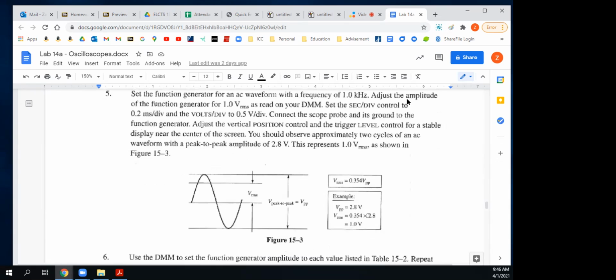Number 5, set the function generator for an AC waveform with a frequency of 1 kilohertz.